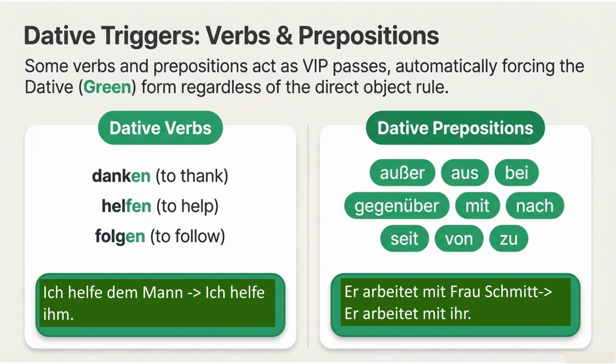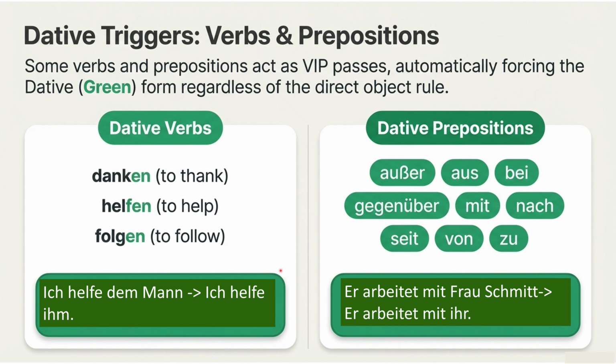Some special verbs and prepositions always force the dative case. We call them dative triggers. Some of these important dative verbs are danken, which means to thank, helfen, which means to help, folgen, which means to follow. Some of the common dative prepositions: außer, aus, bei, gegenüber, mit, nach, seit, von, zu.